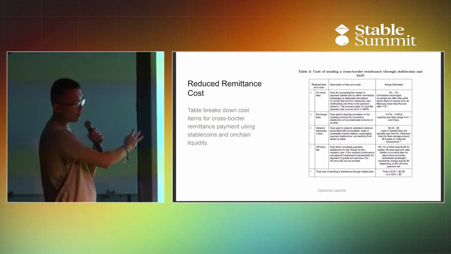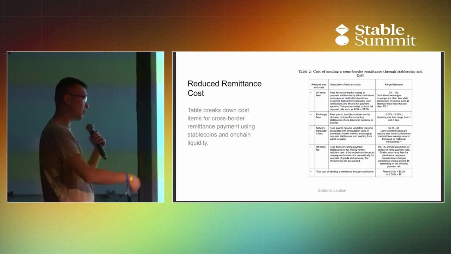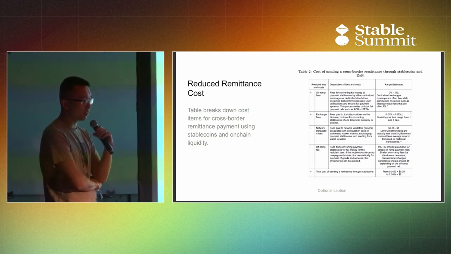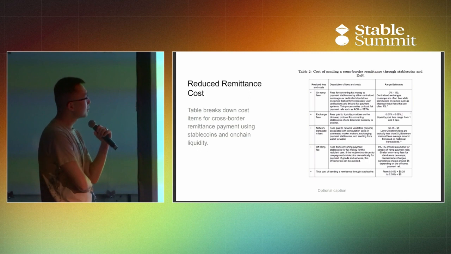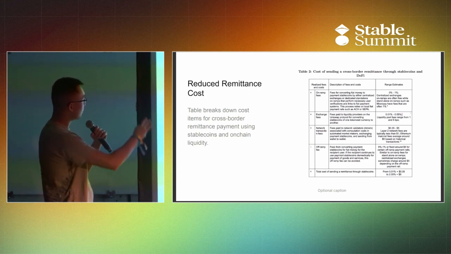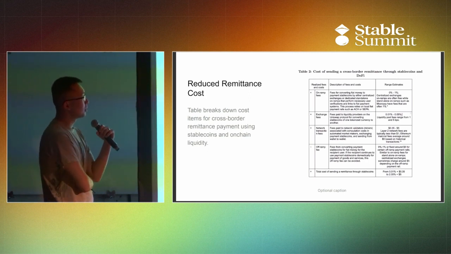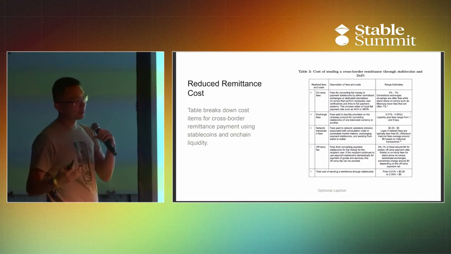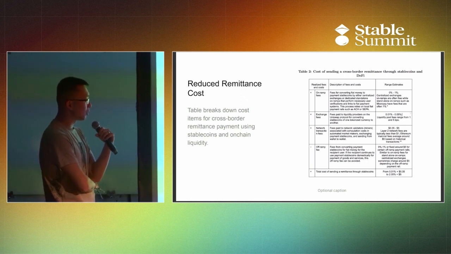And when I first started, I showed a graph of really high remittance cost for small transactions. And here I'm estimating the cost of doing a similar transaction through AMM and stablecoins.